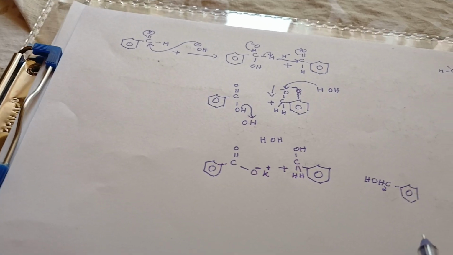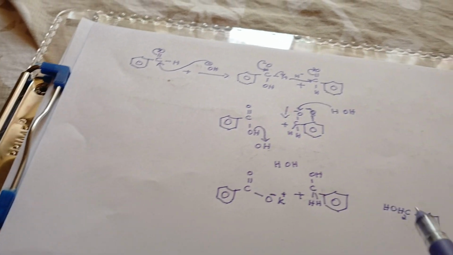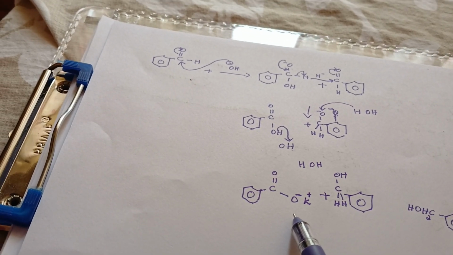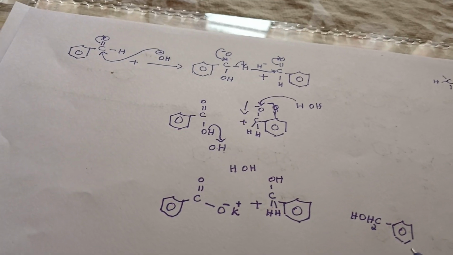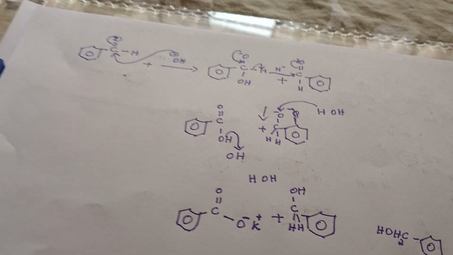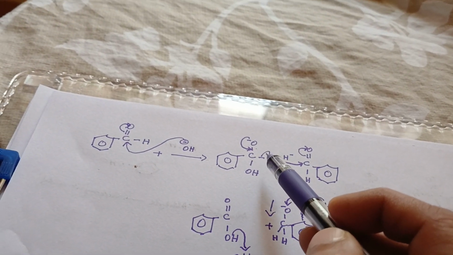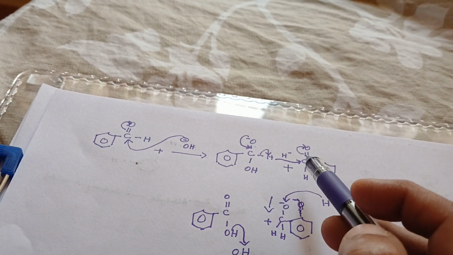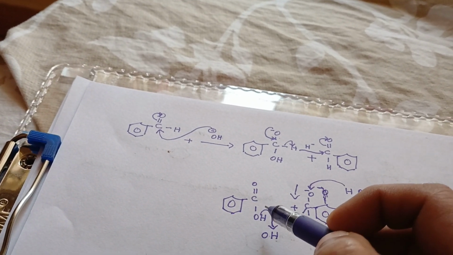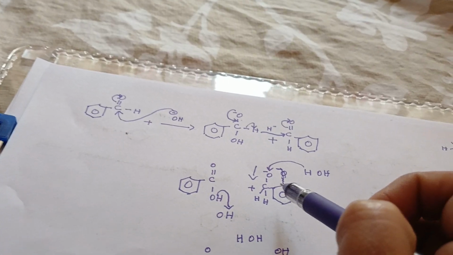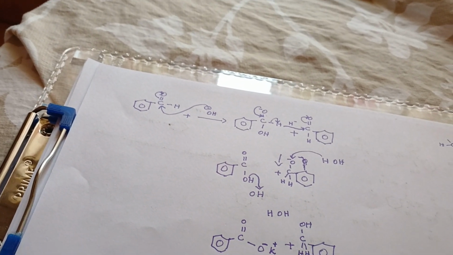So these are the two products formed: one is a salt, the potassium salt of benzoic acid, and this is benzyl alcohol. Here you can see that this molecule is letting go of a hydrogen, so it is getting oxidized to the acid form, whereas this one is accepting the hydrogen and getting reduced to alcohol.